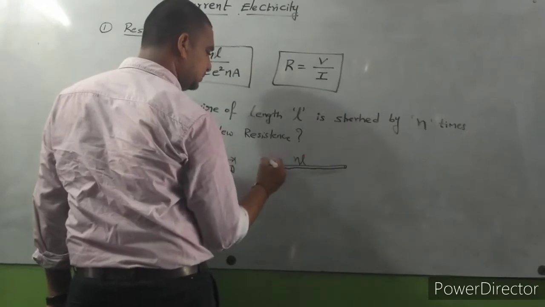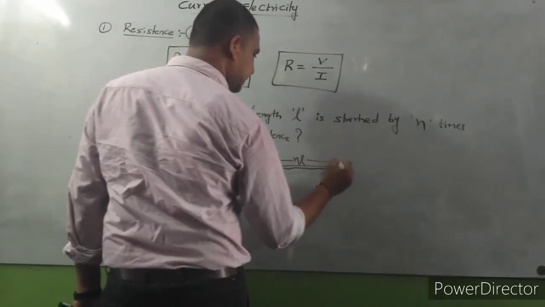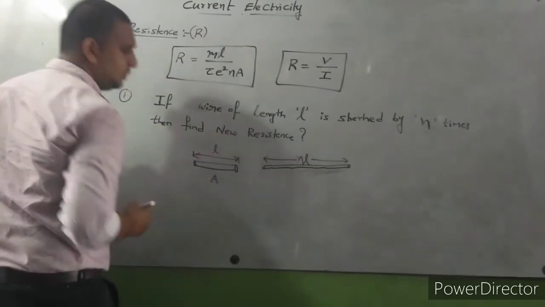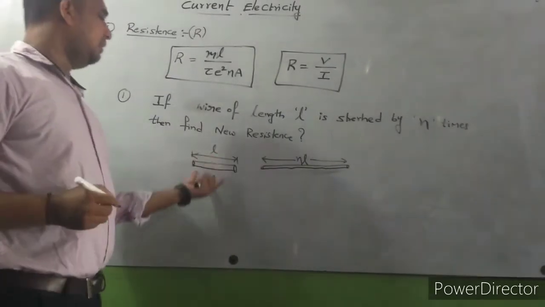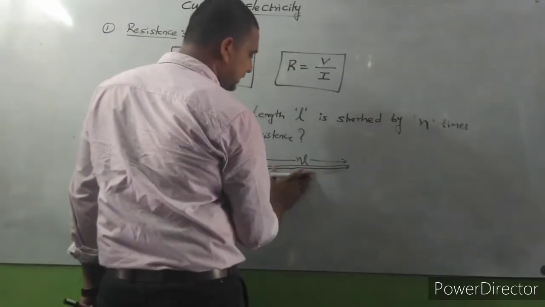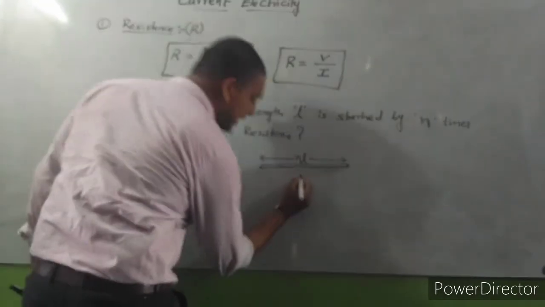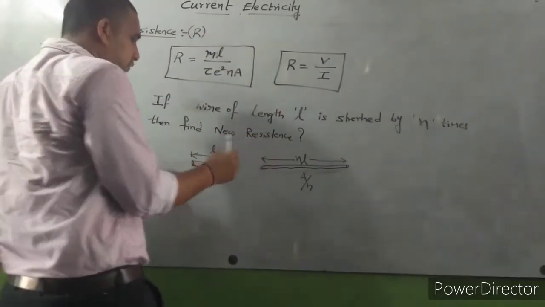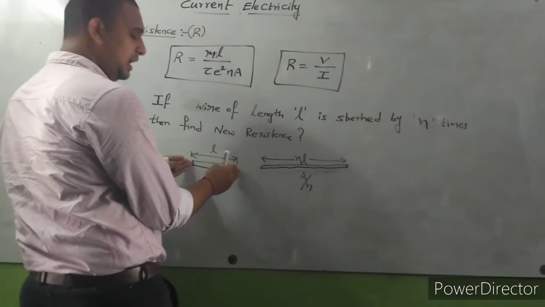That means the length becomes nL. Here the area is A initially. If the length is increased by n times, definitely the area is decreased by n times. Am I right?